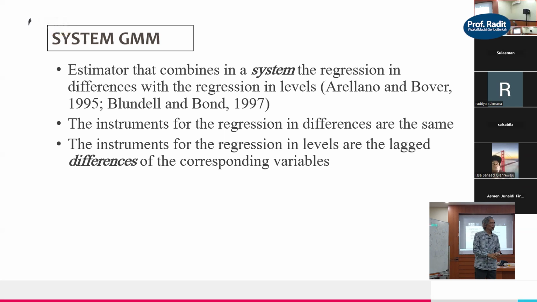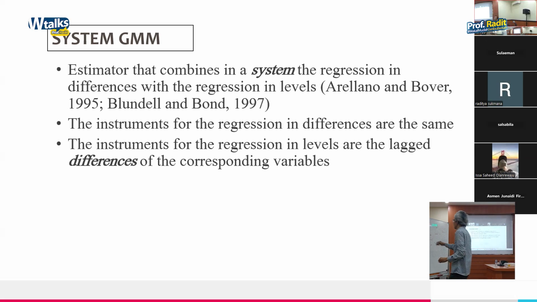And the third one with system GMM, which I would say is very important in our line of research. We love to have dummy variables of Islamic banks, compliant firms, and so on. If you use first difference GMM, you cannot include time invariant dummy variables. Why?